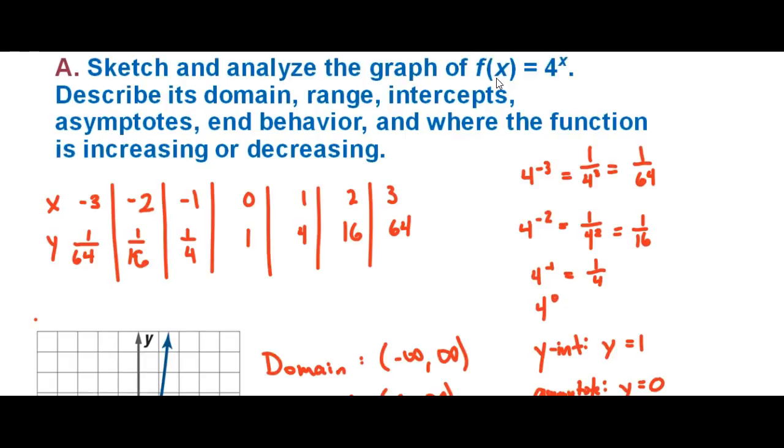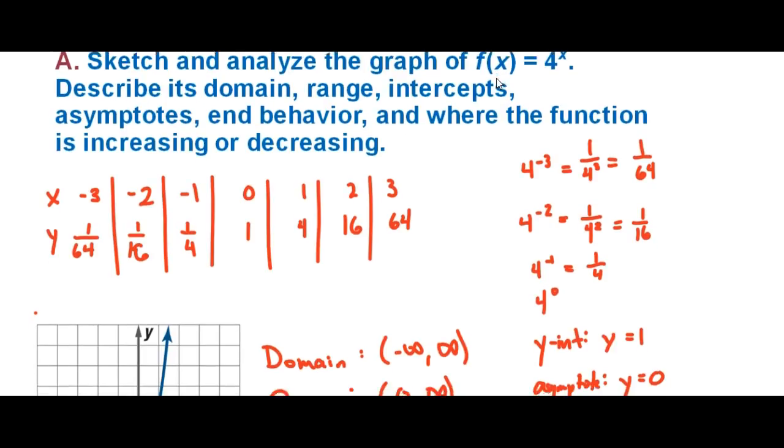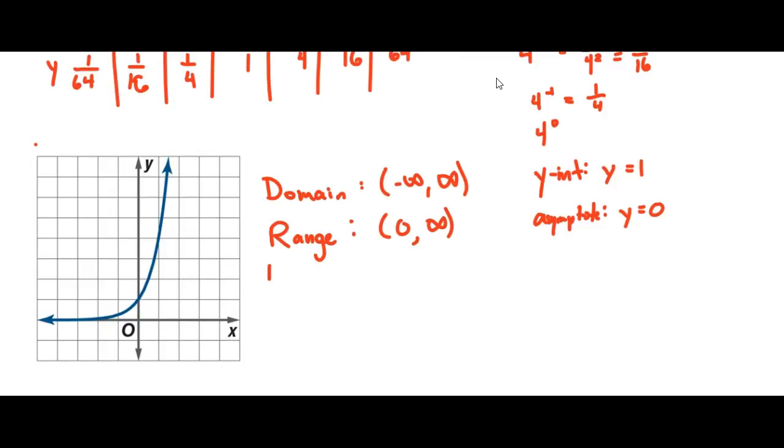End behavior: as x approaches negative infinity, to the left, the limit seems to be approaching 0. As we approach infinity to the right, it looks like the graph approaches infinity.